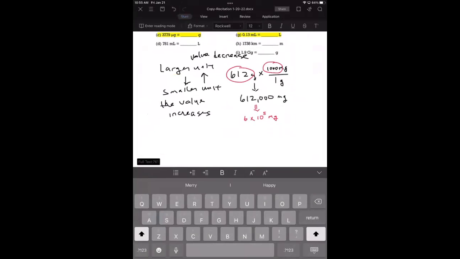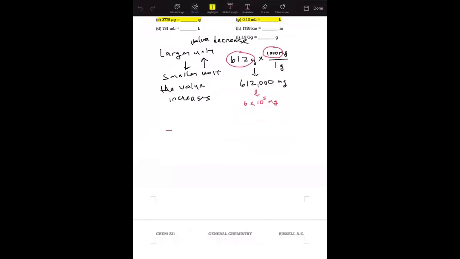Micrograms, good, which is 1/1,000,000th of a gram. So let me get my pen back. I have 3,779 micrograms times, and I want to convert that to grams, 1 gram, which I'm putting in the top.